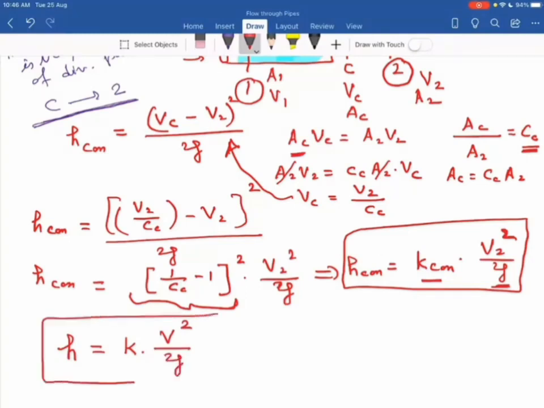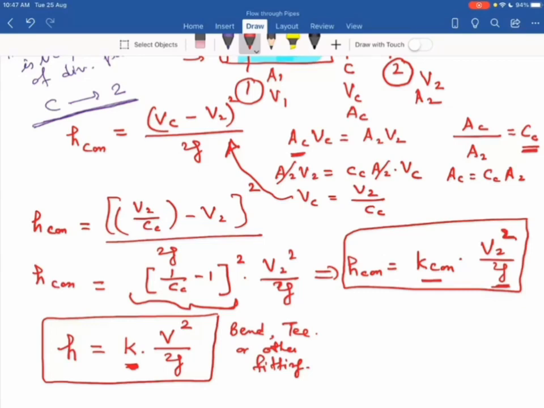So any minor loss due to a bend, a T in the pipe fitting, or any other fitting, I write as a constant multiplied by V square divided by 2g. Again, this constant depends on the geometry of that bend or fitting available in the pipe.